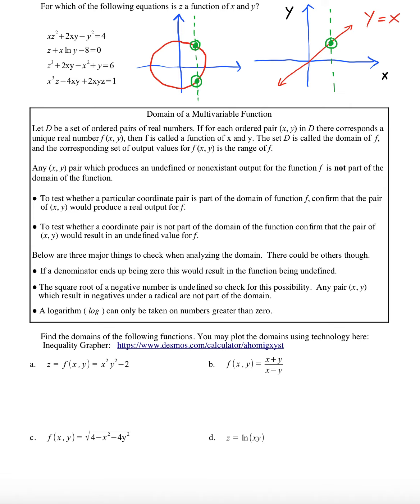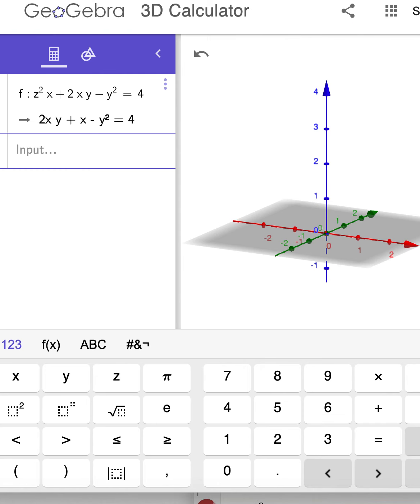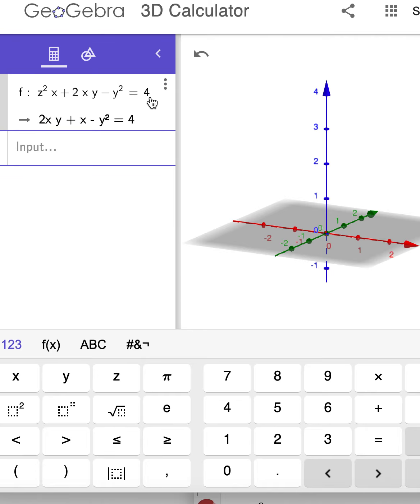All right, so let's take this xz squared plus 2xy minus y squared equals 4. Okay, that's a long one. It's a pretty complicated expression, so let's just solve it a little bit. I'm going to move these terms to the other side. Okay, then let's divide by x.